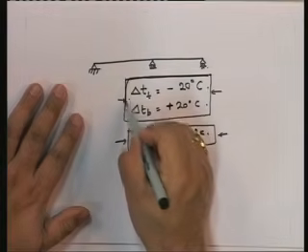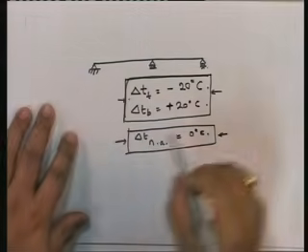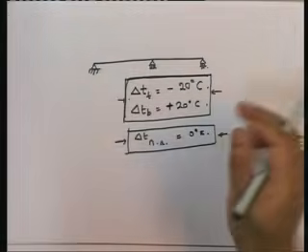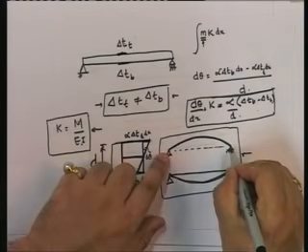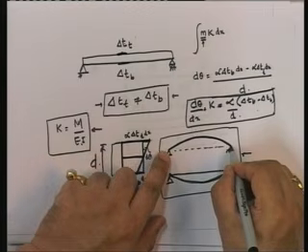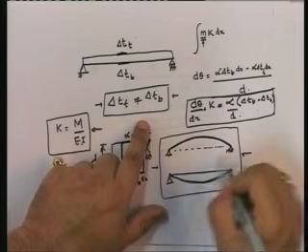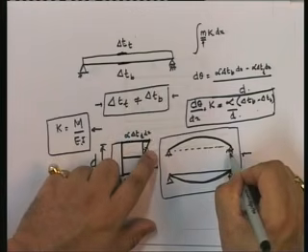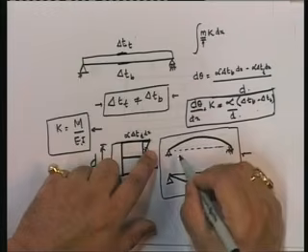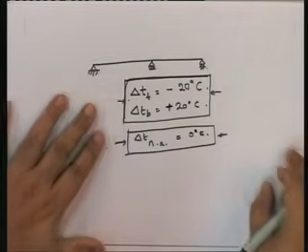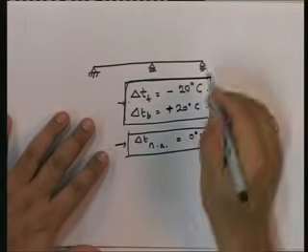Let us see what happens. Did this temperature differential have any effect as far as forces were concerned? You will see that in a statically determinate structure, temperature only gives rise to flexure without giving rise to any forces. So there are no forces or bending moments in the structure. However, in a statically indeterminate situation, you do have this.